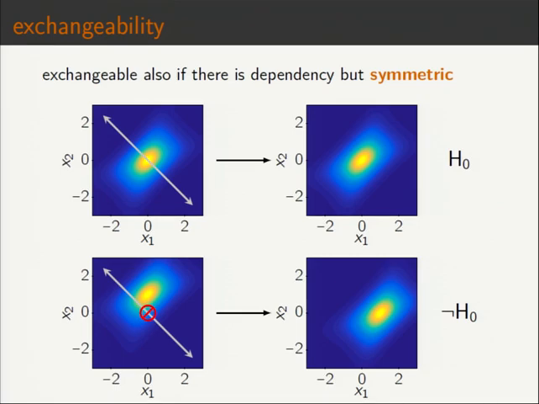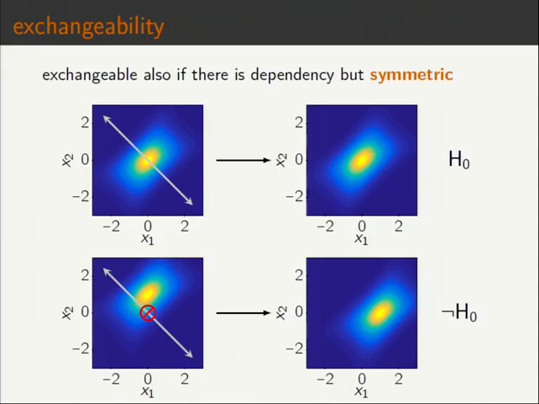In the first case, both distributions have the same shape, the same mean, and they have a symmetric dependency structure. If you switch x1 and x2, flipping over the main diagonal, you see that the joint distribution stays the same. So you have exchangeability. But if one of them has a higher mean, then if you swap x1 and x2, you get a different joint distribution, so you have no exchangeability.